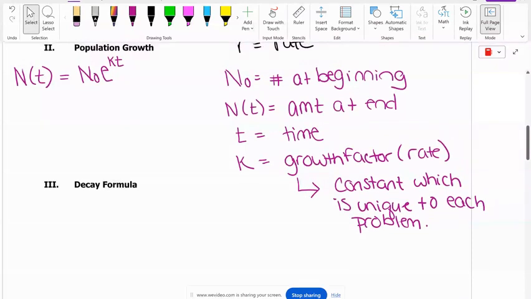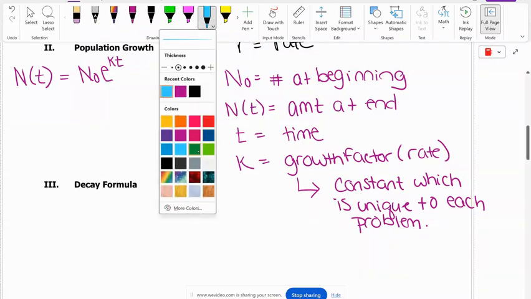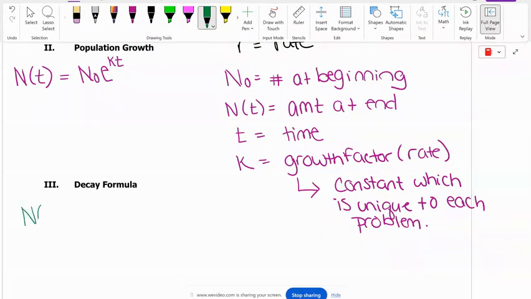All right, and our very last formula is our decay formula. And this is going to be N of t is equal to N sub 0 times e raised to the negative kt power.